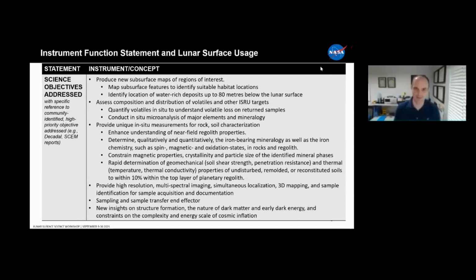Sure, yes, thank you, Debra. As Debra mentioned, we've received a total of 14 responses, and we're especially looking to draw out more. We know that we only received one use case associated with sample acquisition, so we're definitely looking to get more input in that type of application.